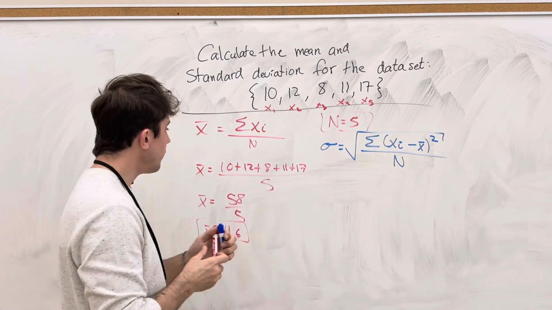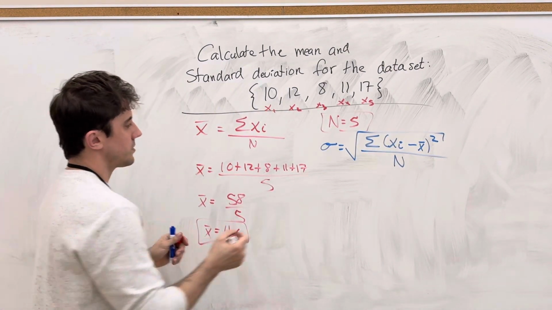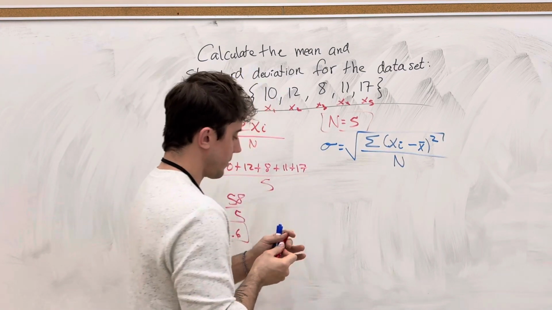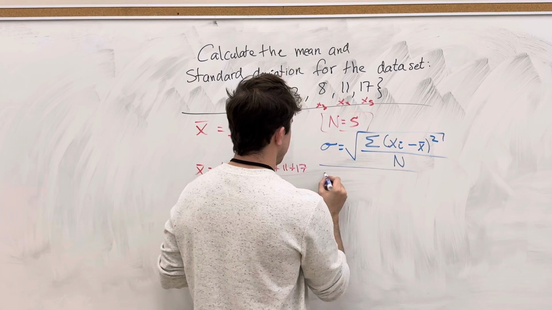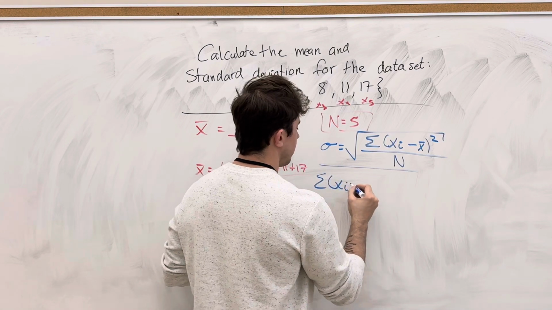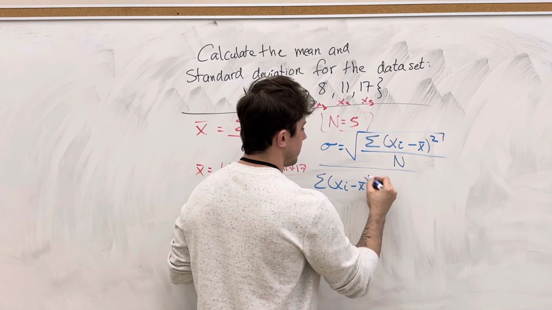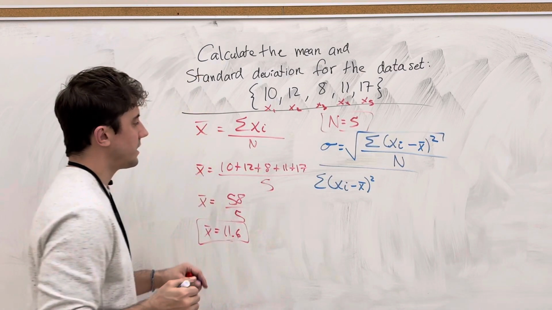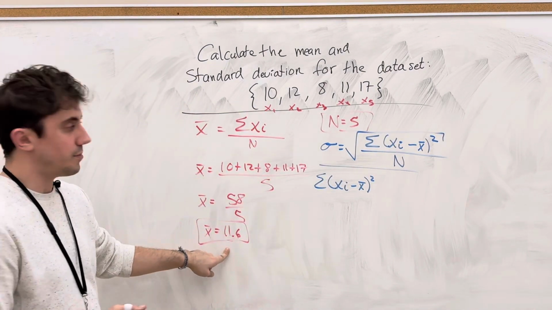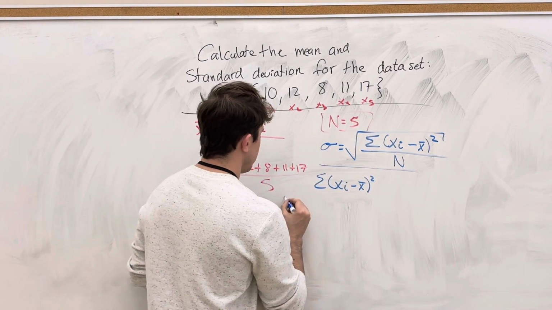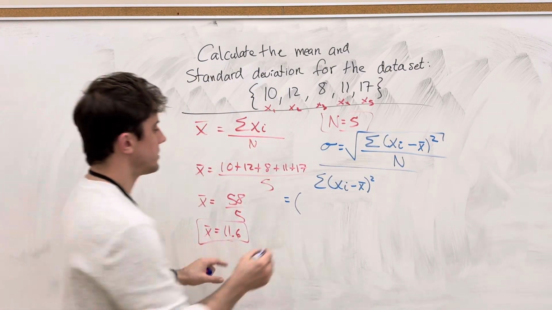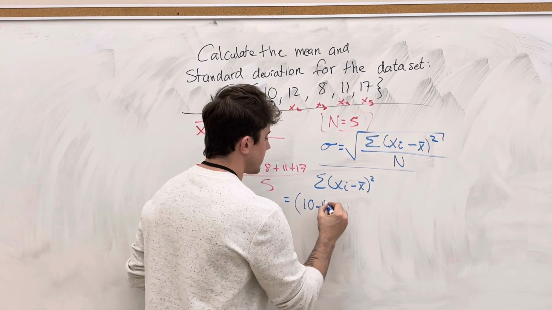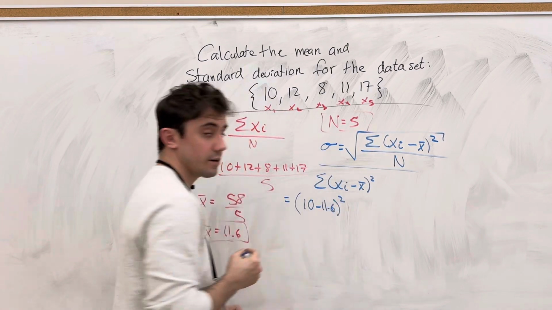So, for us, that means, first off, I'll use the blue marker again. Let's start off with the sum of the difference between each data point and the mean, and then squared. So our first data point is 10, our mean is 11.6, so we're going to do 10 minus 11.6 squared, right?